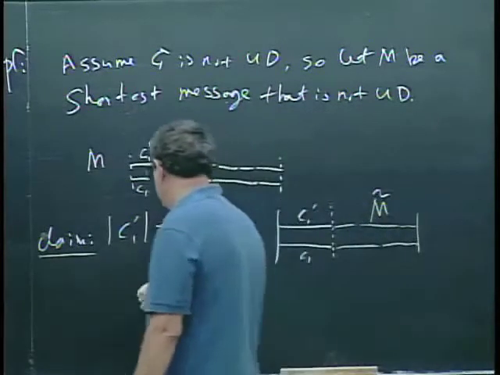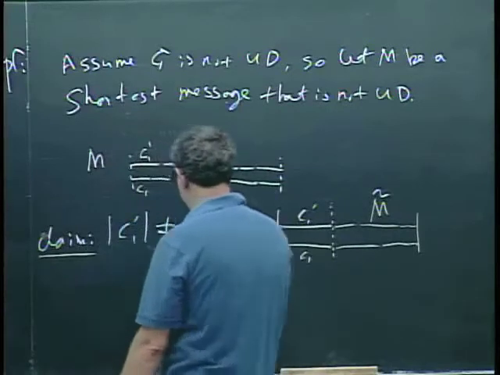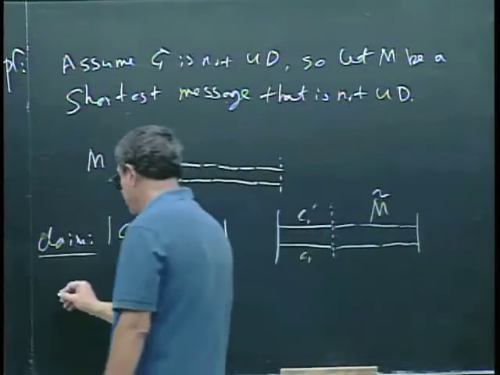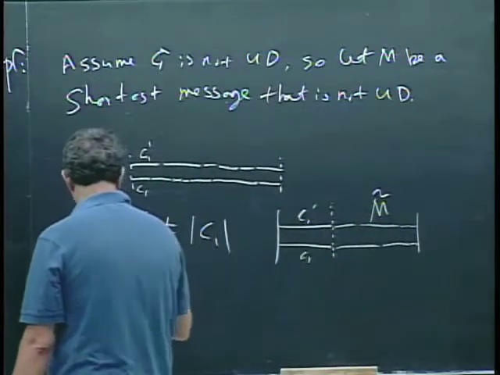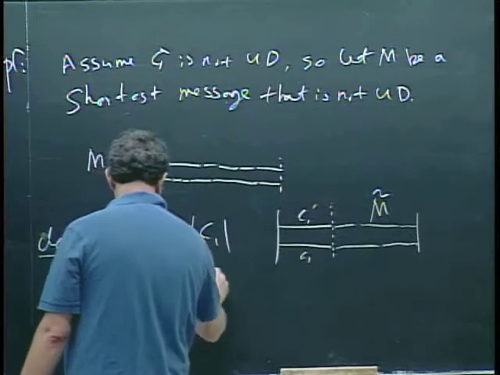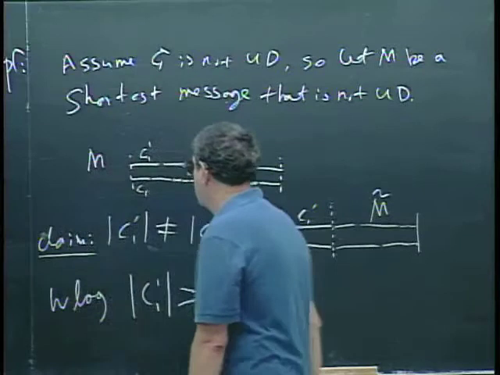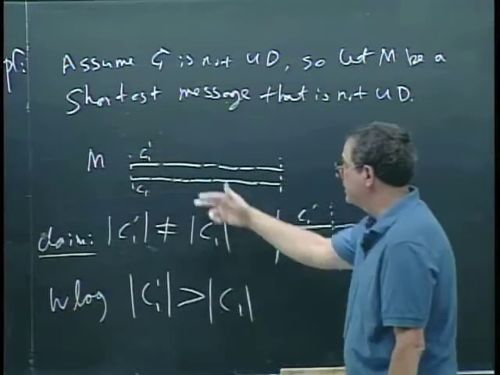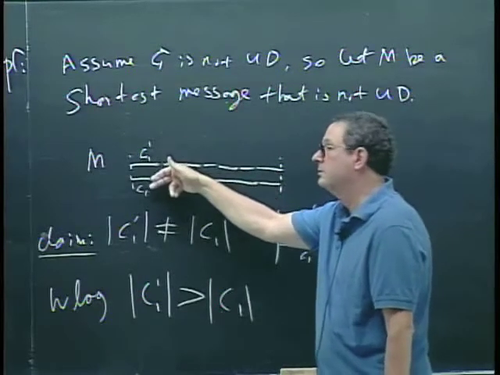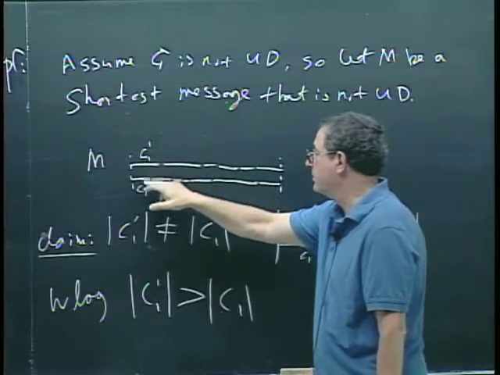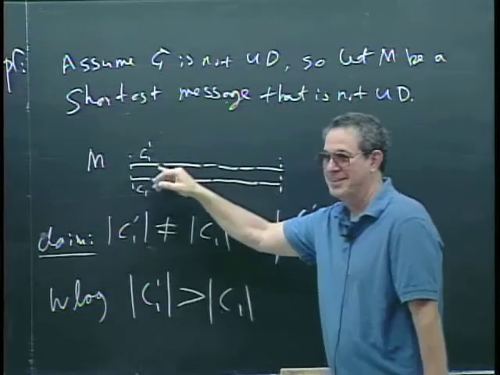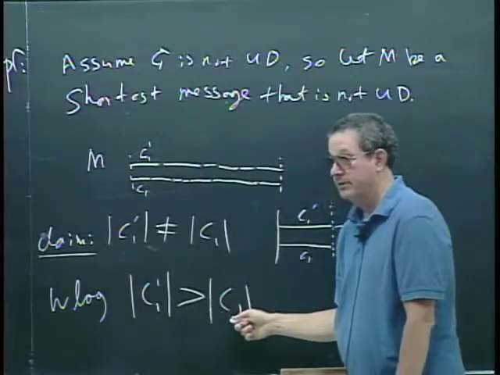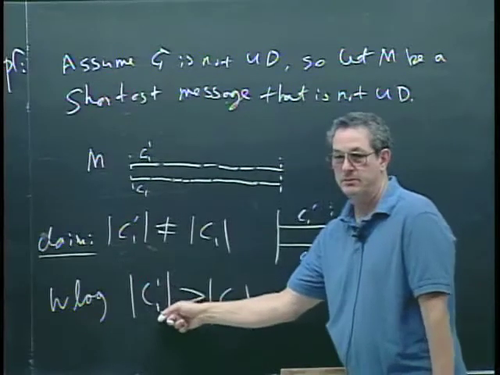So we have this conclusion that the length of C1 prime is not equal to the length of C1, and then we can just assume, without loss of generality, that the length of C1 prime is strictly bigger than C1. So when we begin looking at the two parses, we see that the two first code words, one has to be strictly larger than the other, and I'll just let that be the C1 prime.